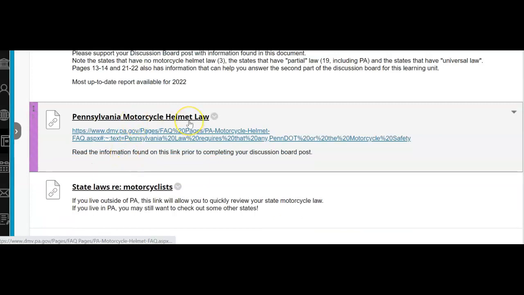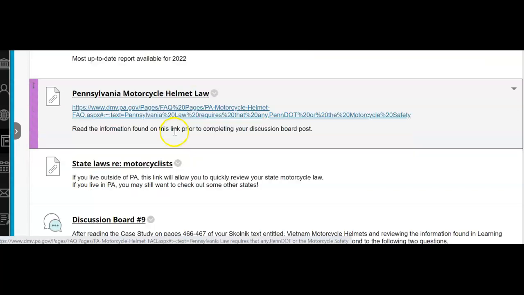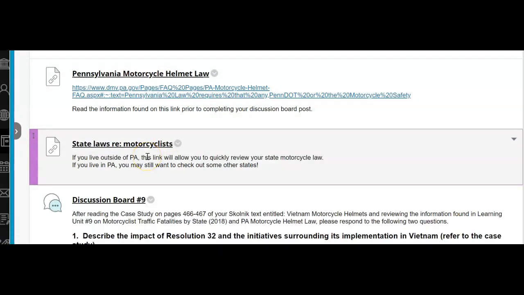You're going to want to read a little bit more in depth about the Pennsylvania motorcycle helmet law. And if you live outside of Pennsylvania, New York, whatever state you may come from, there's a nice interactive map that you can at least look at. What are the state laws in my state? And you might want to check out some other states as well.